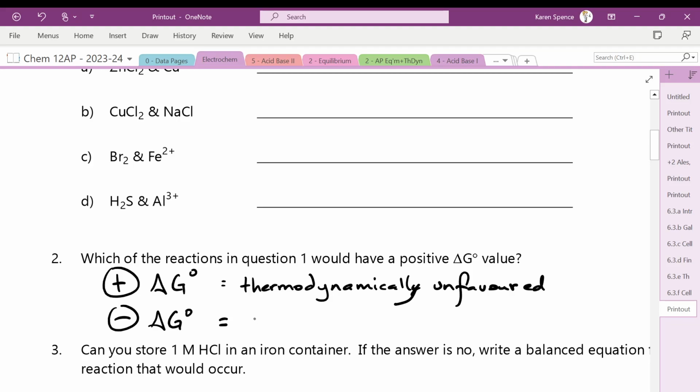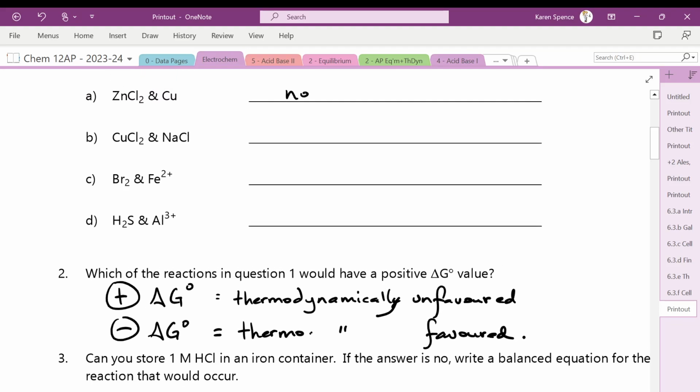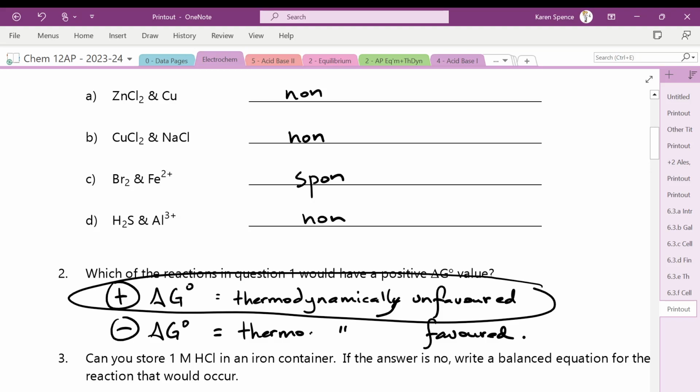And negative delta G is thermodynamically favored. Therefore, I believe our reactions were non-spontaneous, non, non. And so that would make A, B, and D positive delta G. Is that good? Okay, cool.